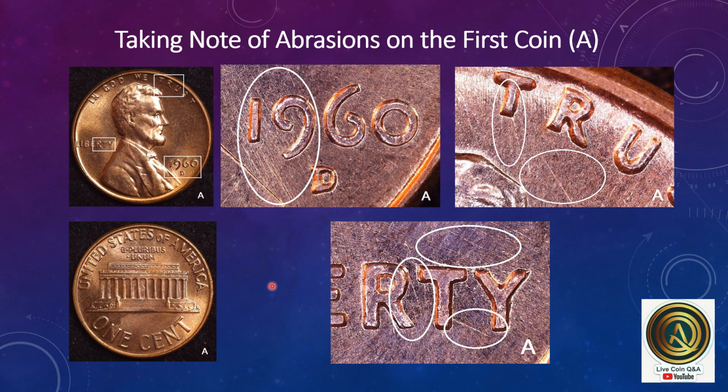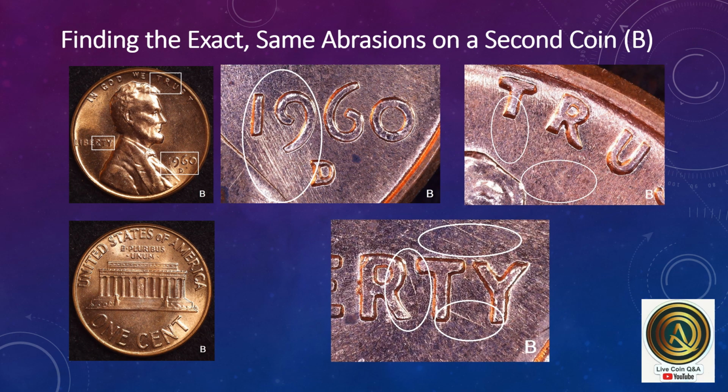We also flip it over and we search the coin for varieties on the reverse, and we find none. We make a mental note of these specific abrasions. Later in the roll, we find the exact same abrasions on a second coin.